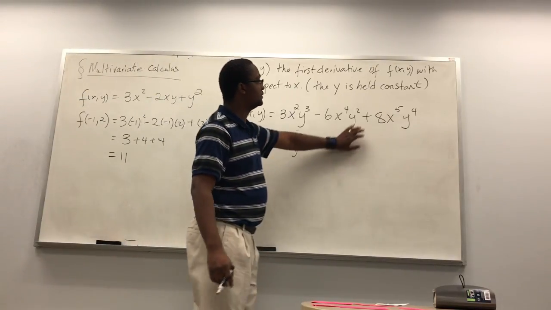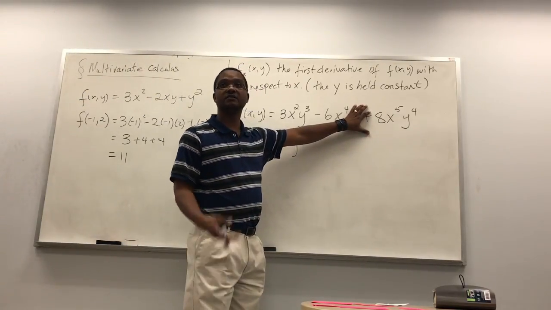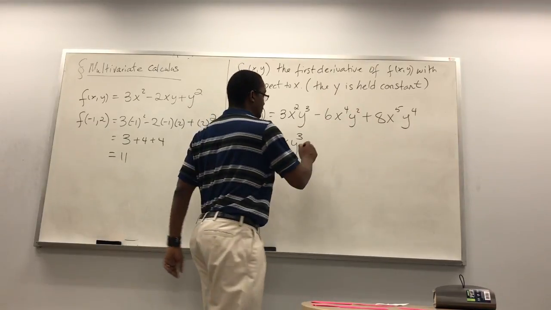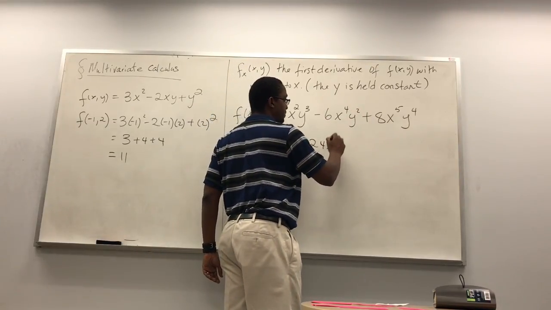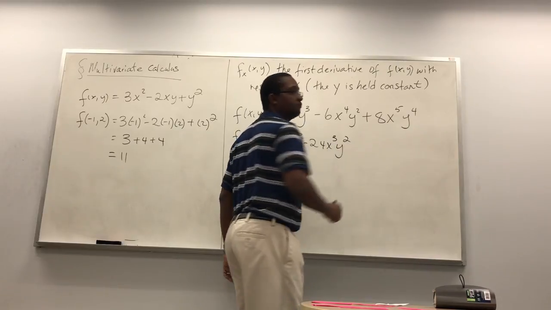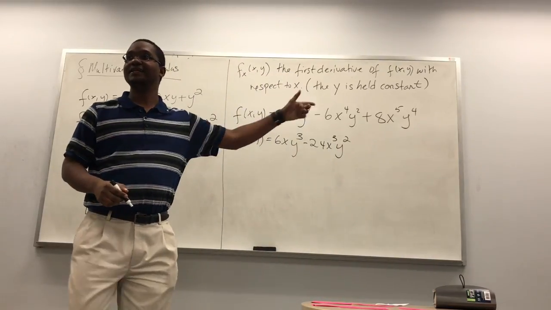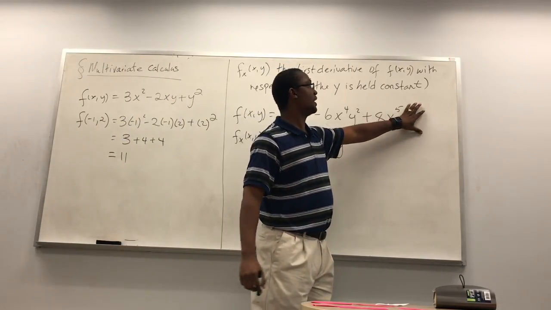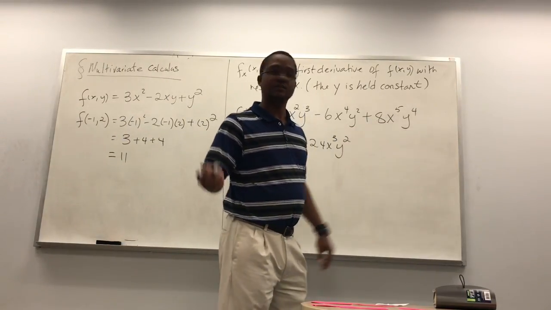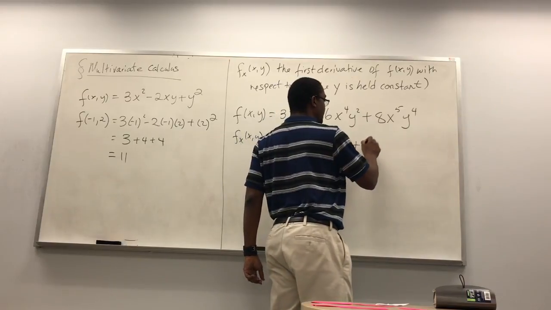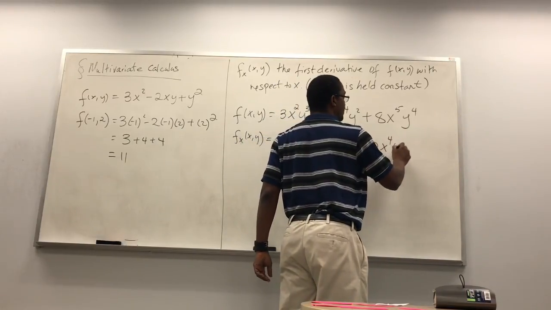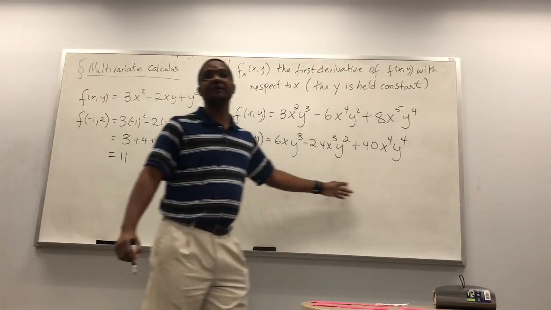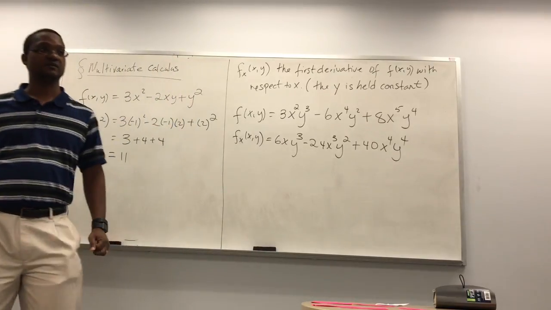Same thing right here. What's the derivative of 6x to the 4th power? Minus 24x cubed, and then you bring down the y squared. And then the last one over here, what's the derivative of 8x to the 5th? 40x to the 4th power, y to the 4th power. And that, my friends, is the derivative.